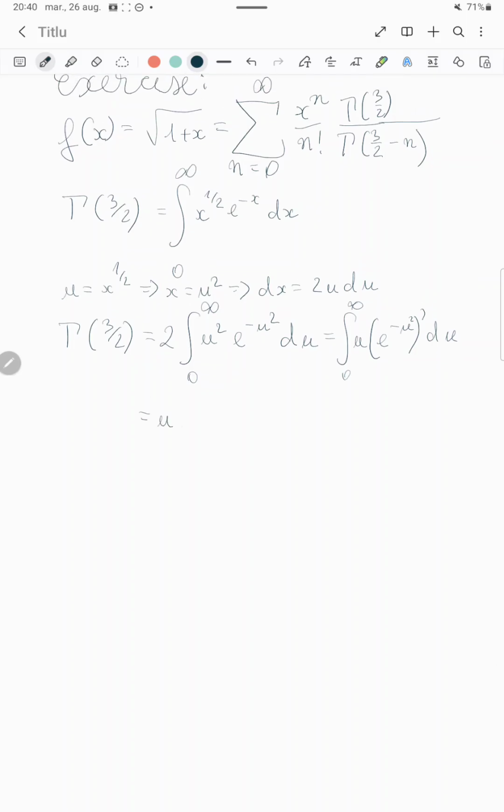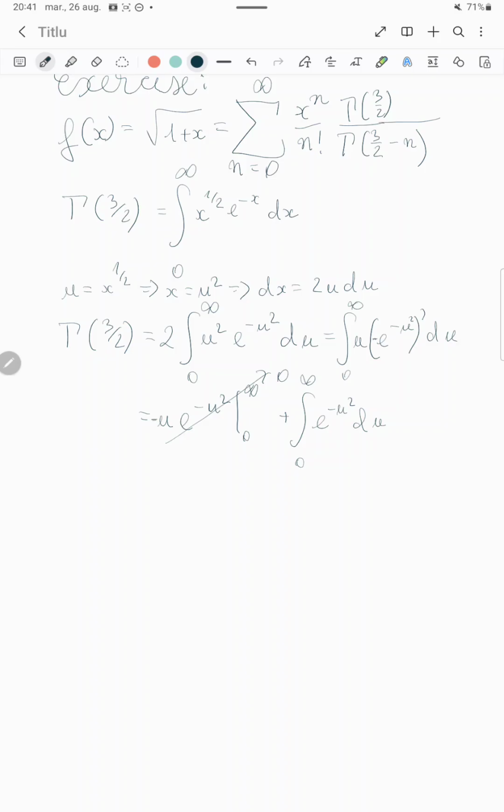I'm going to have u times minus e to the minus u squared from 0 to infinity, which is going to be 0, minus the integral from 0 to infinity of minus e to the minus u squared du.